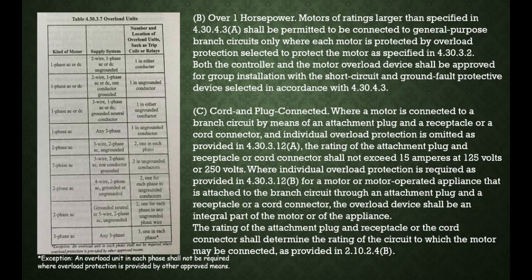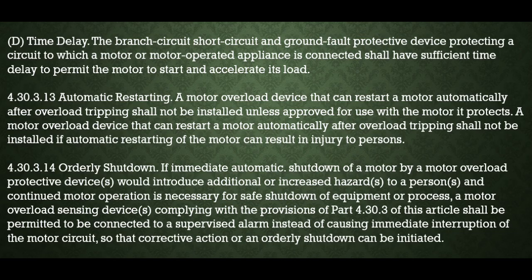And for cord or plug connected motors where overload protection is omitted per 4.30.3.12A, the plug or connector rating cannot exceed 15 amps at 125 to 250 volts. And as you can see, Table 4.30.3.7 details overload unit requirements.